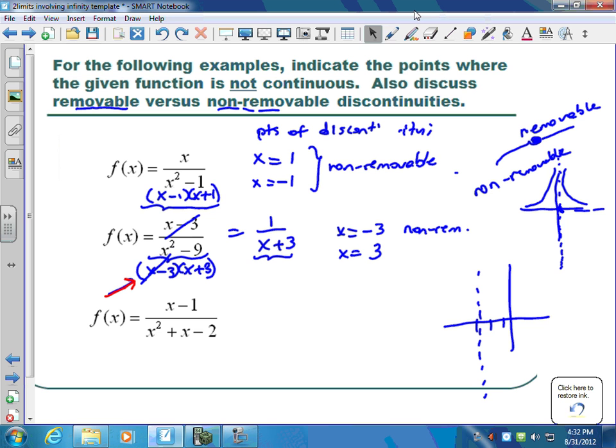So you have one on this side, you have one on the other side. So at the point x equals negative 3, you have your non-removable discontinuity.